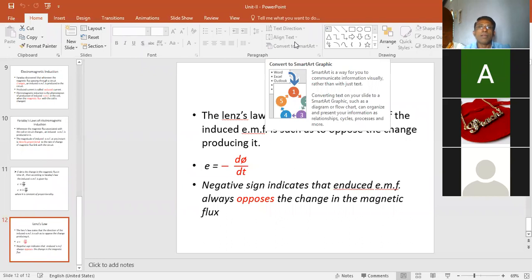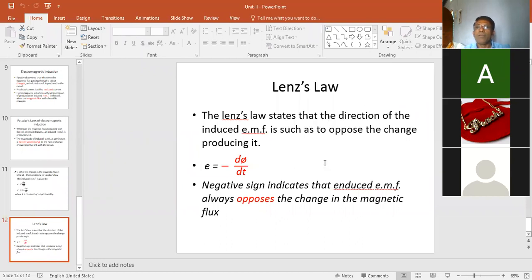Very good. And due to this magnetic field, what will happen? Whenever the magnetic field is created there, the magnetic lines of force, that means the magnetic flux, will change.